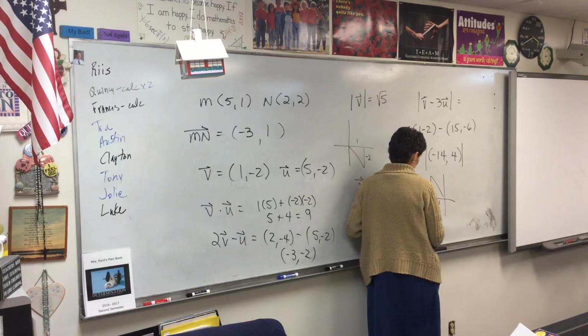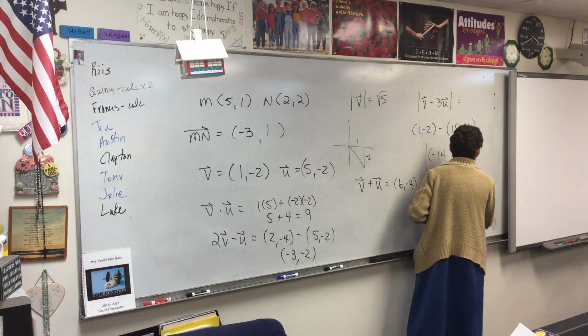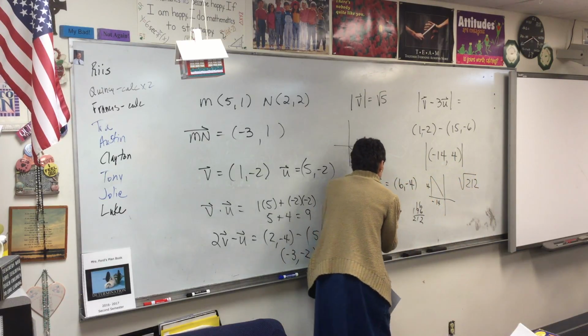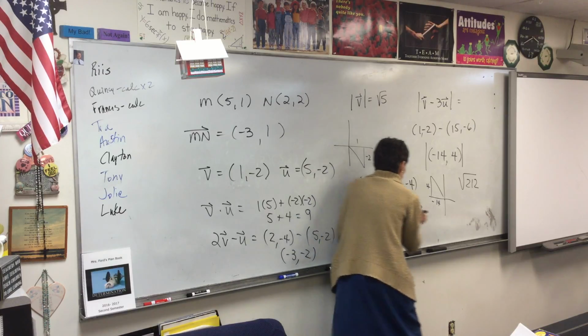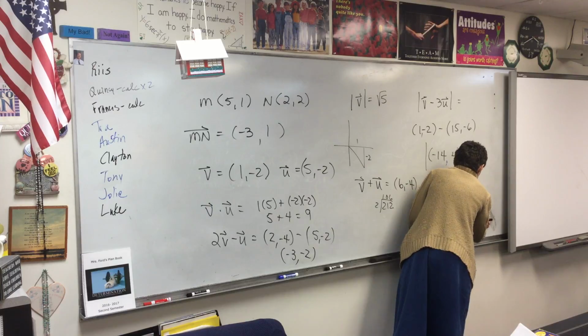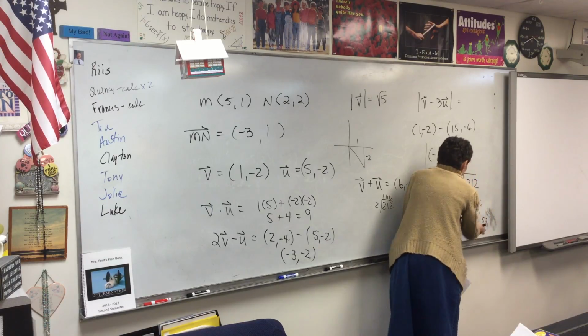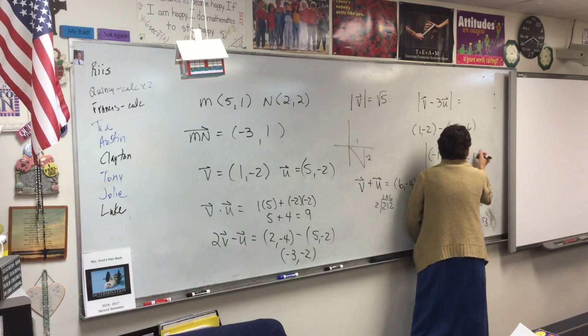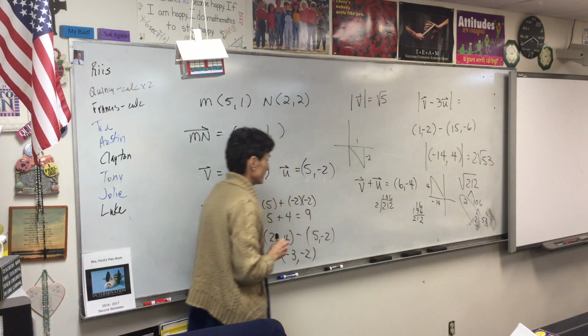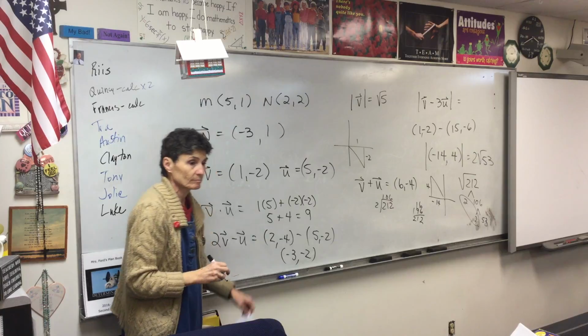I got 212. Did I do that right? The square root of 212? Yeah. And I'm sure 212 breaks down. So it's 2 times 106, which is 2 times 53. 2 root 53 for the final answer, unless I made a mistake.